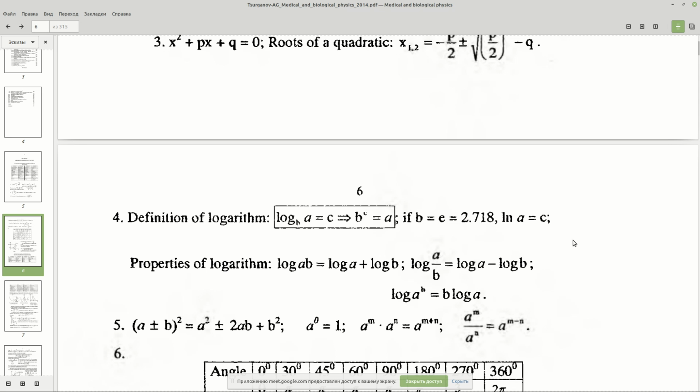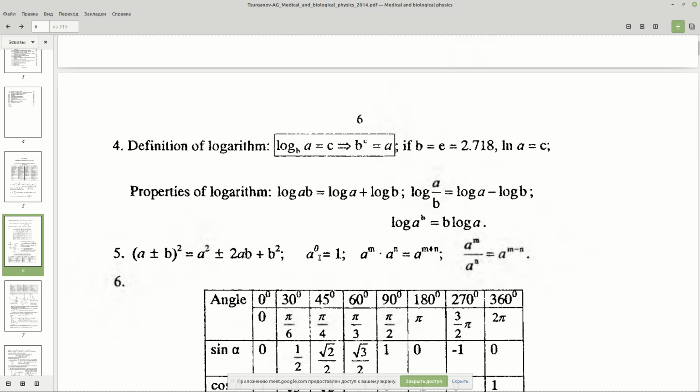So the additive could be a minus set, and if you have division you will have a minus set of them, and you can play with the powers inside the logarithm and they go outside of it.